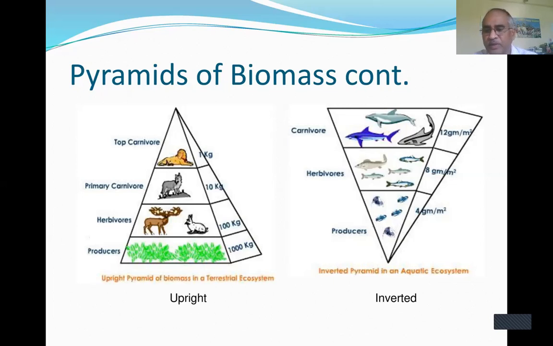And then coming to the inverted pyramid. So this example comes from aquatic ecosystem. So in aquatic ecosystem we have small fish eating the big fish. Actually, for small fish, it is the zooplankton.